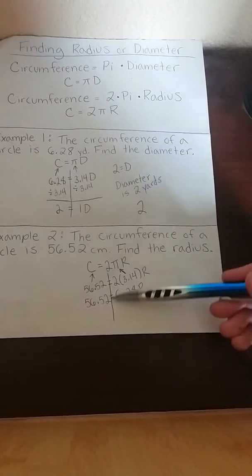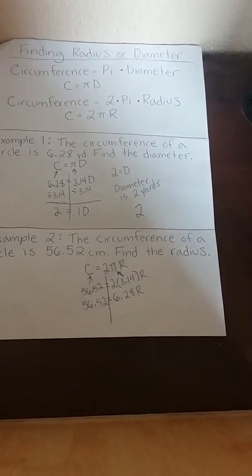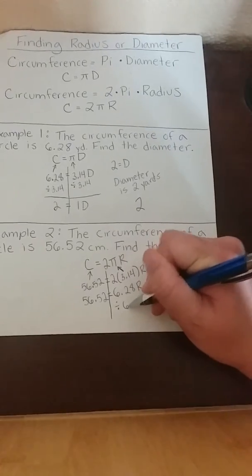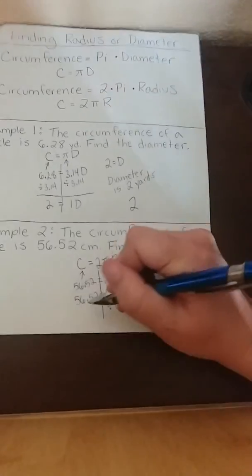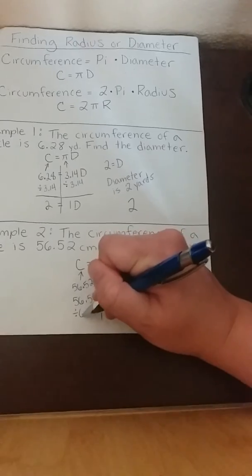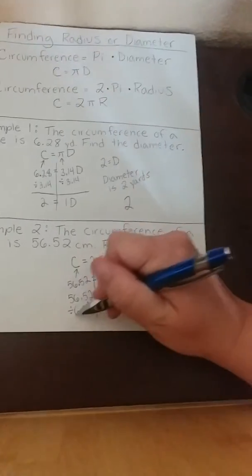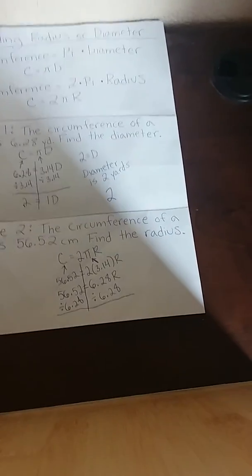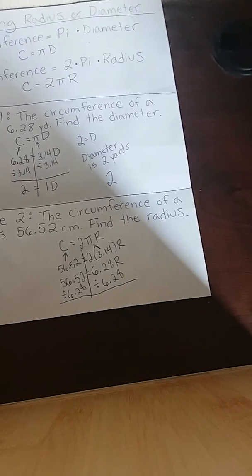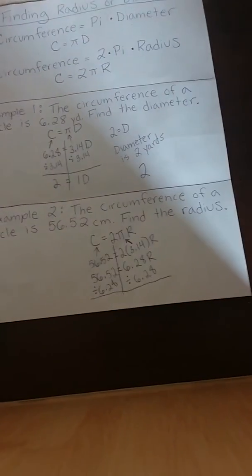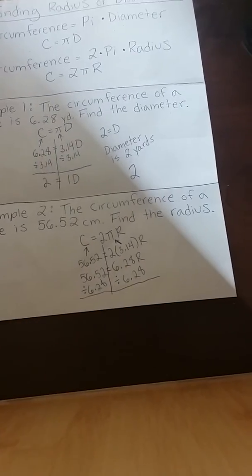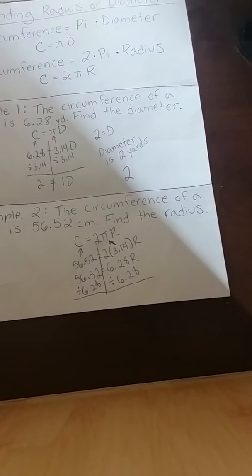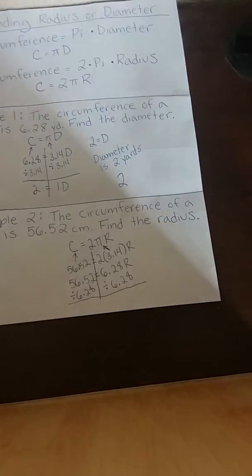6.28r is multiplication, and I have to get r alone. The opposite of multiplication is division, so I'm going to divide both sides by 6.28. 56.52 divided by 6.28, you can use your calculator, gives us 9.